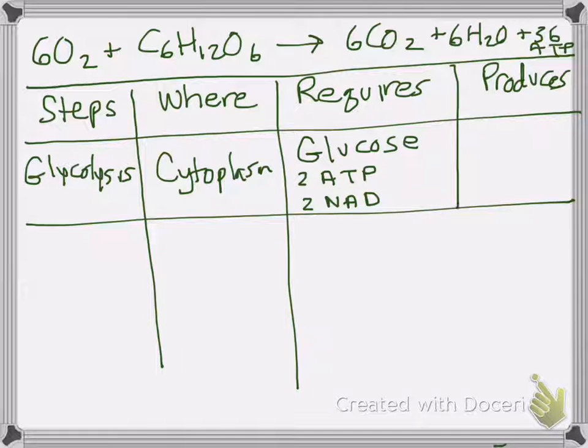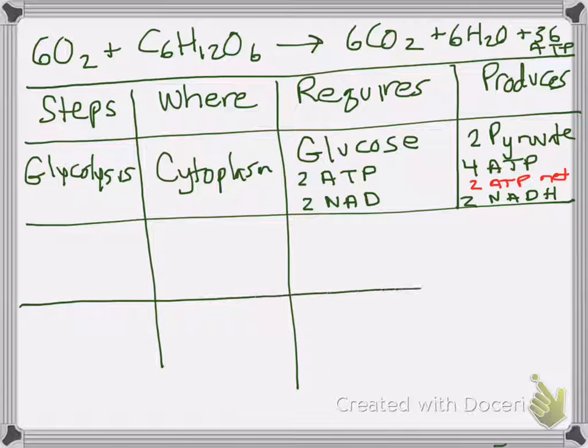And then it's going to produce 2 pyruvate. It produces 4 ATP, but since we use 2 to start, we say that the net is 2 ATP. 2 ATP net. And the NAD becomes NADH, which is an electron carrier.